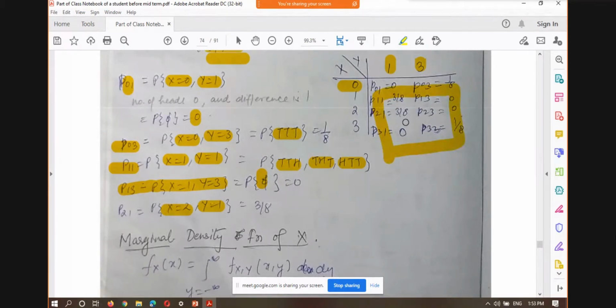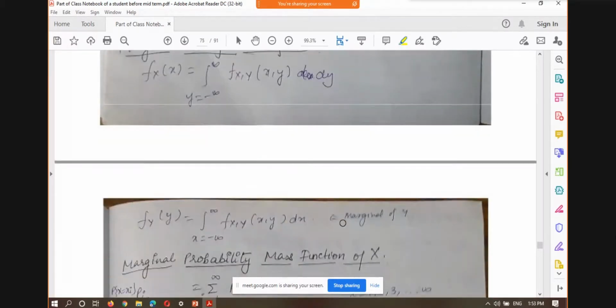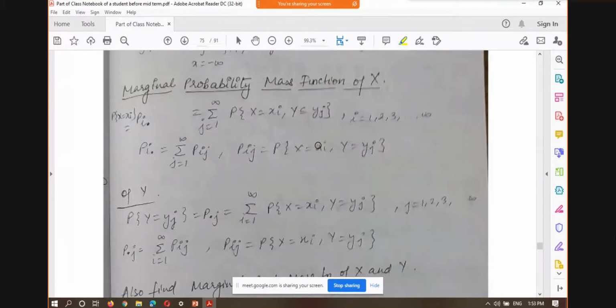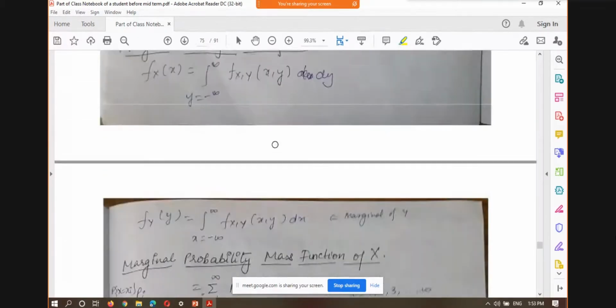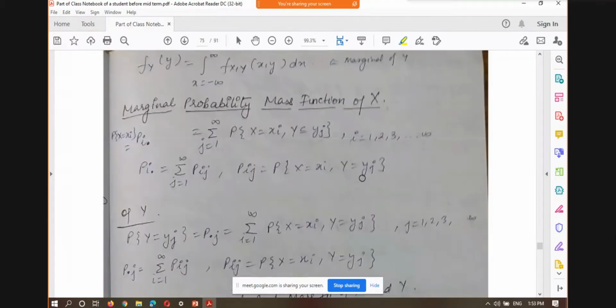Now, from this joint probability mass function, I have to calculate the marginal probability mass function. Okay, we'll talk about this later, but we come to the question again. So how to calculate this?